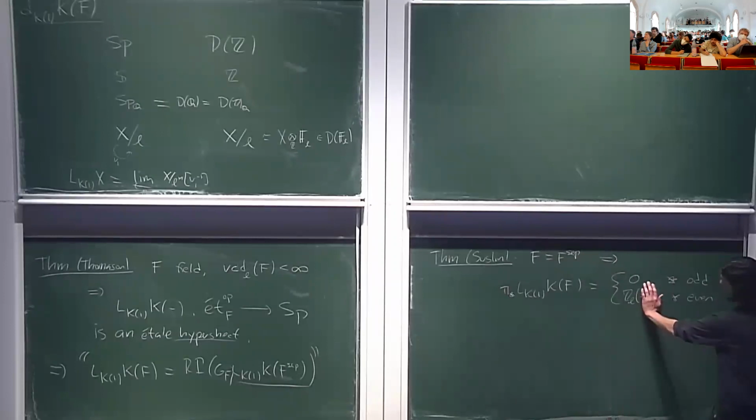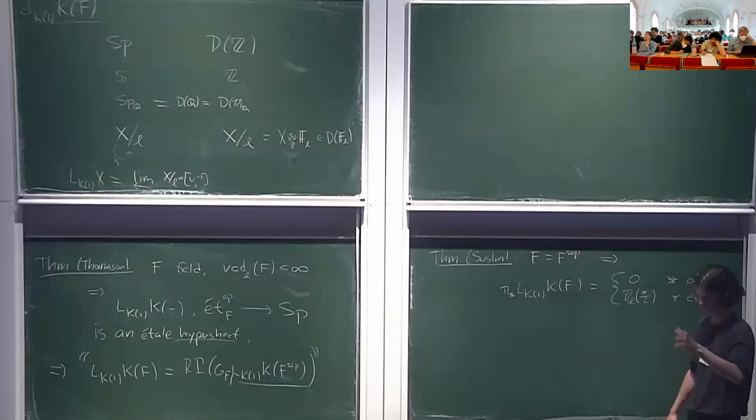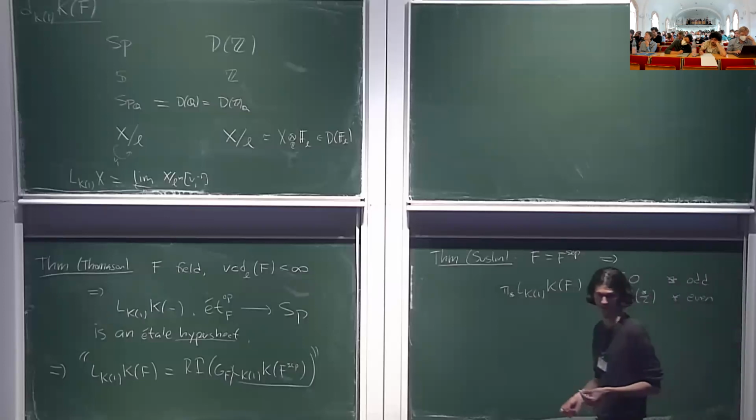So as abelian groups, it's just 2 periodic, ZL in every even degree, but if you remember the Galois action, it's cyclotomic, and the precise twist depends on the even degree that you're looking at.